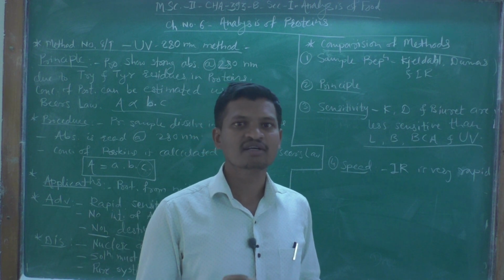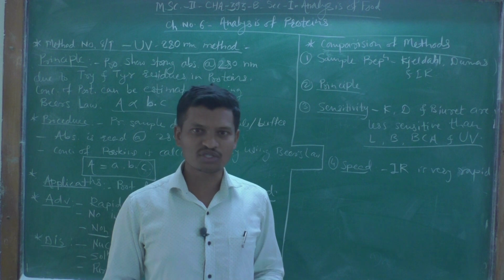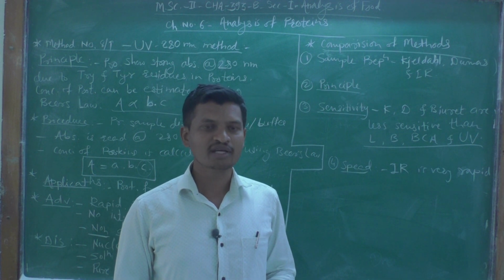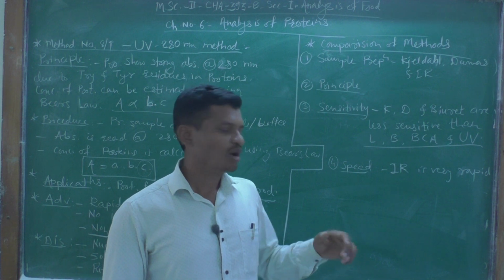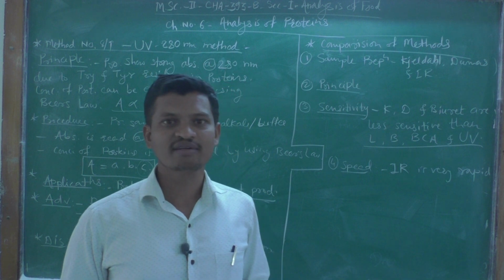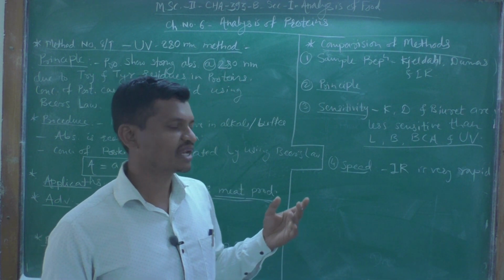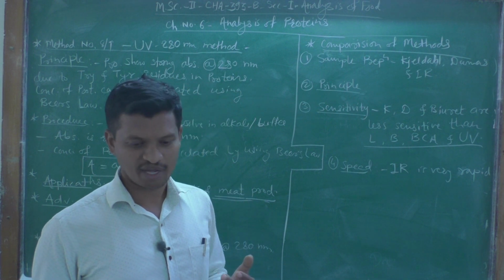Such methods are rapid, giving fast results, less time consuming, time saving we can say. Among all these methods, the IR method, that is the infrared method, is very rapid. We are getting the results within a short period of time.